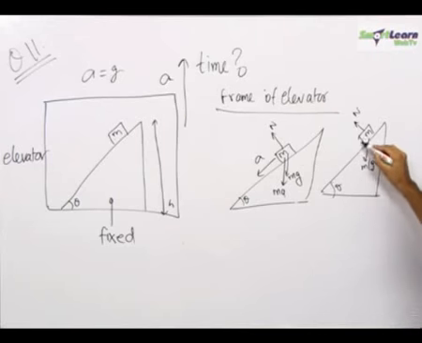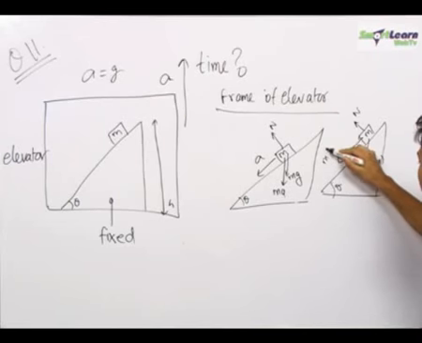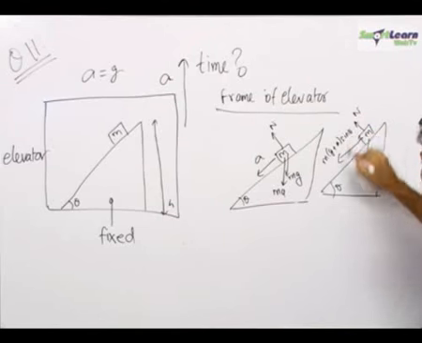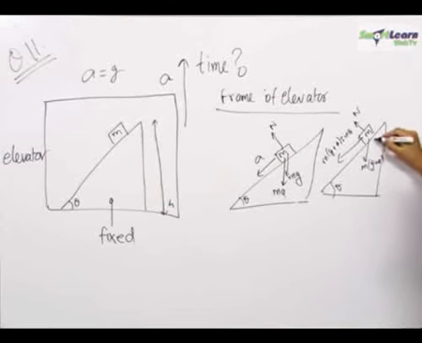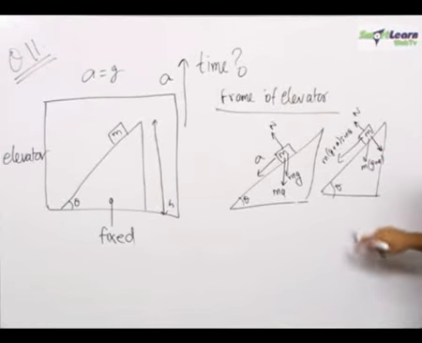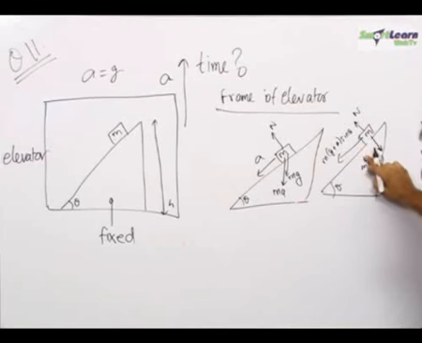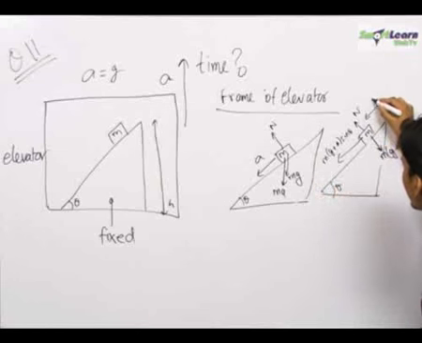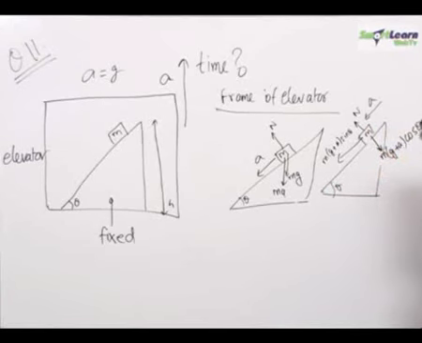The component of this force in this direction will come out to be m into g plus a sine theta. You should always remember, when you take components, you should take components in both the directions, and after drawing the components you forget this force. Therefore the component in this direction becomes m into g plus a cos theta, which is useless to us because we won't use it. We will use only an equation in this direction to solve the question.